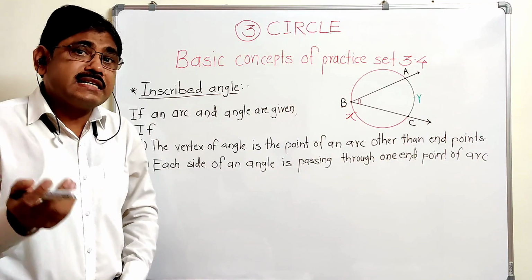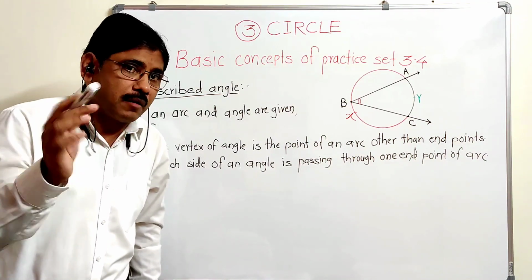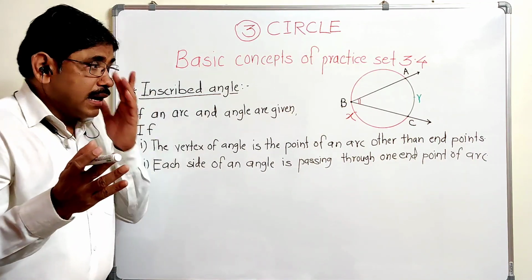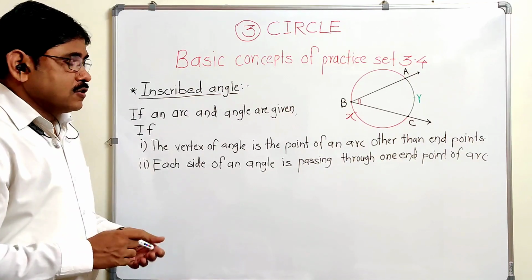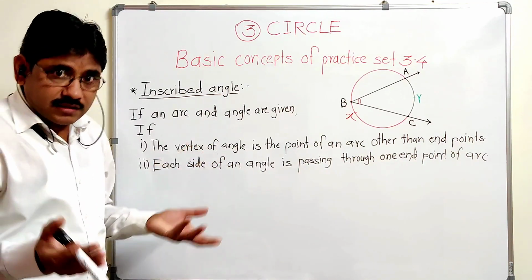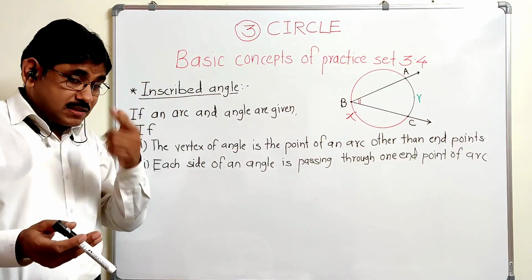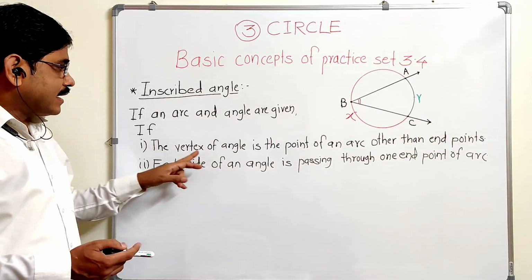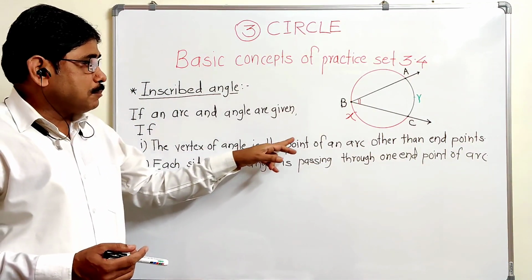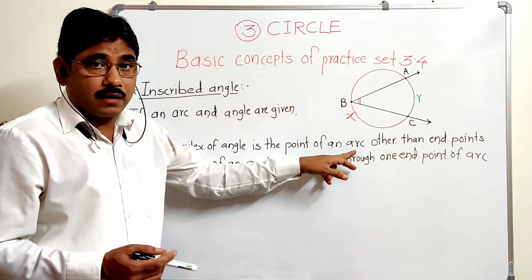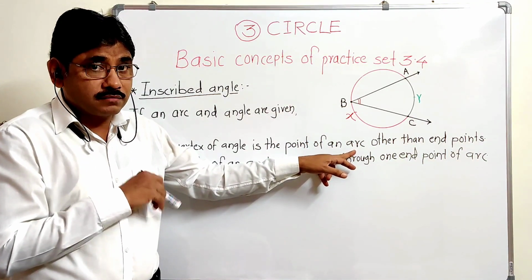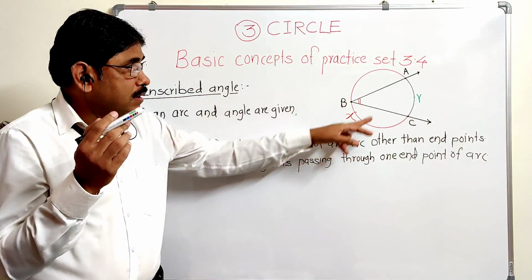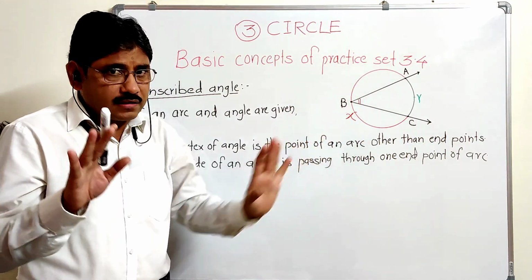An angle is always inscribed in the arc, not by the arc. So which are these two conditions? The first condition is that the vertex of the angle is a point of the arc. See the fun here: this B is the vertex.